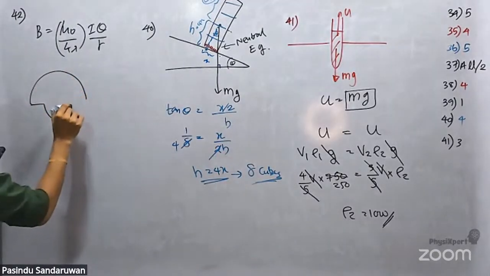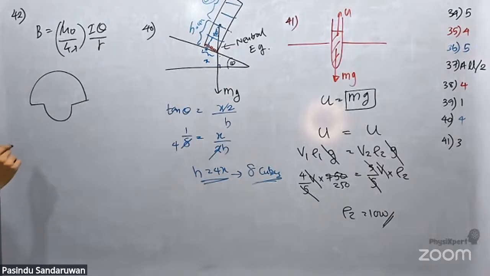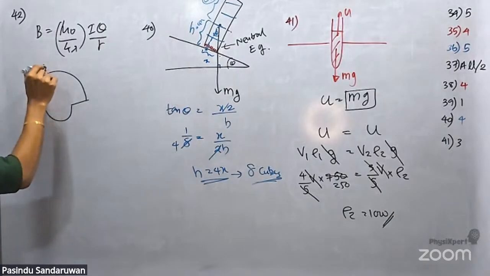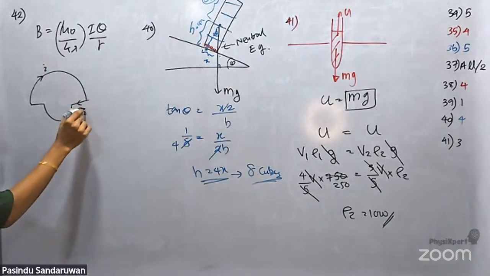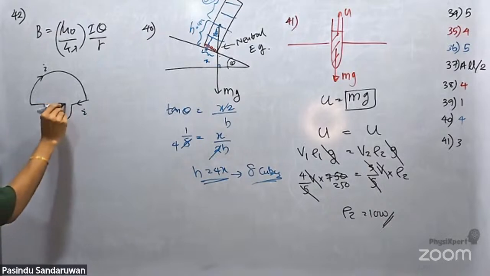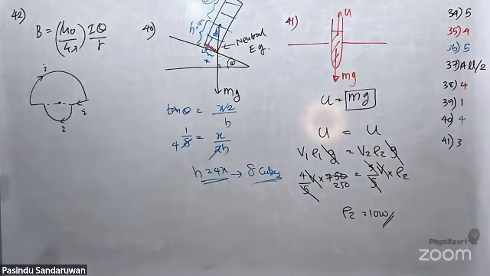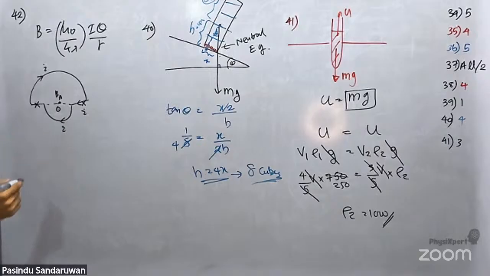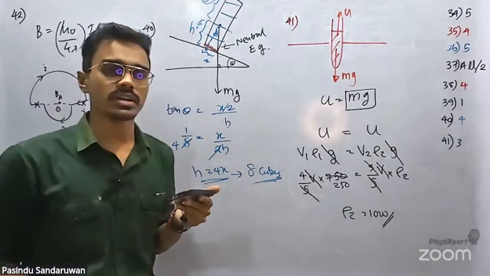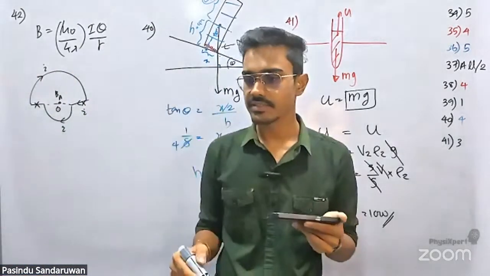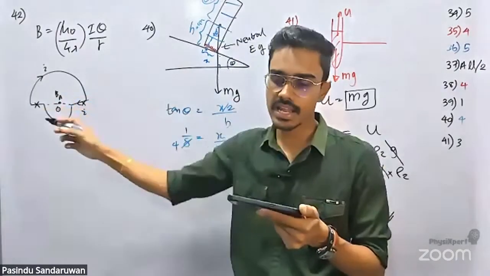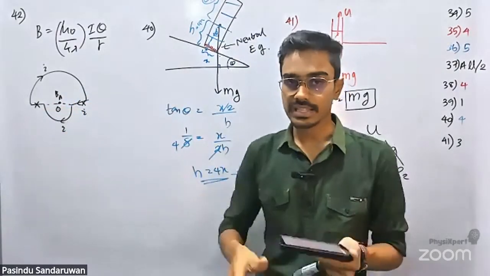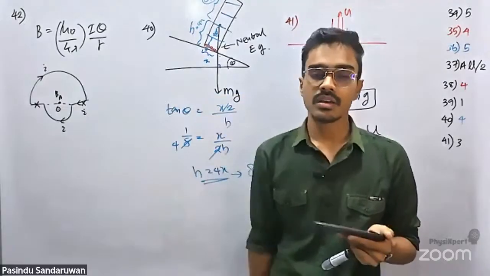It is like this, and the current flows like this. Let's say the current is I, and the current flows like this, right? If any part is going through the point that we consider, from such parts there is no contribution to the magnetic flux density. To check the direction, you have to use the right hand rule.